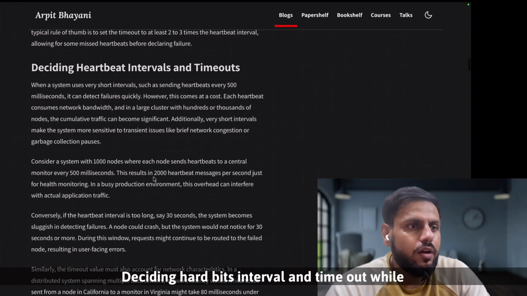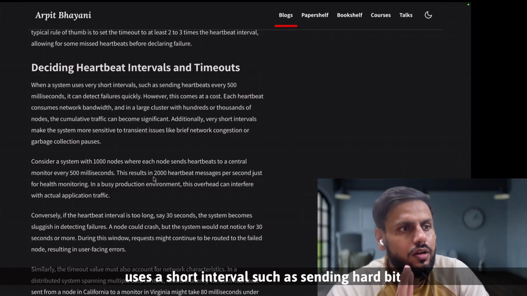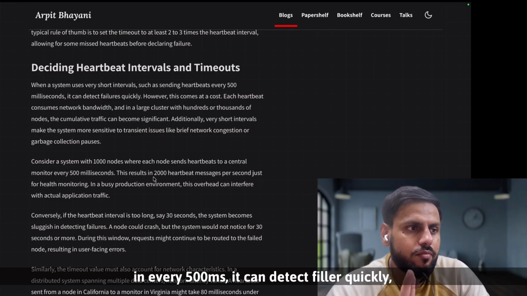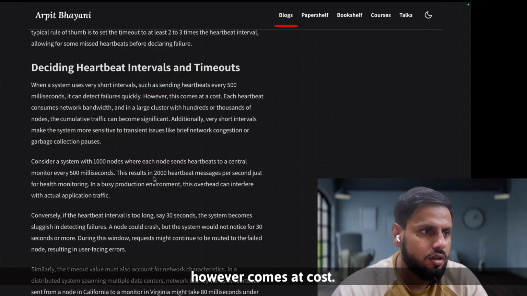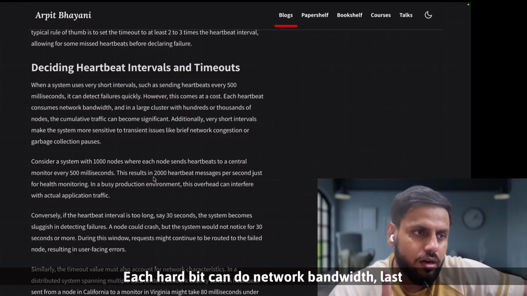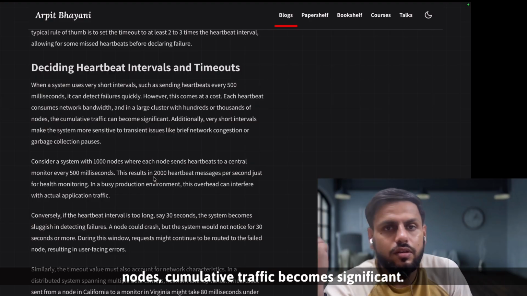Deciding heartbeat intervals and timeouts. While a system that uses a very short interval, such as sending a heartbeat every 500 milliseconds, can detect failure quickly, it comes at a cost. Each heartbeat consumes network bandwidth, and in a large cluster with hundreds or thousands of nodes, the cumulative traffic becomes significant.